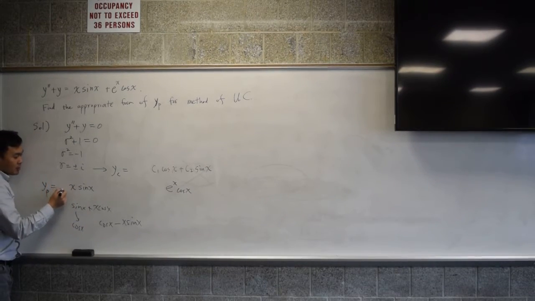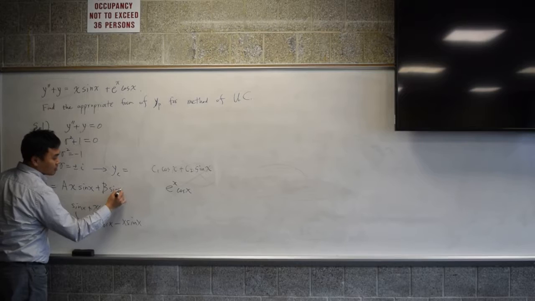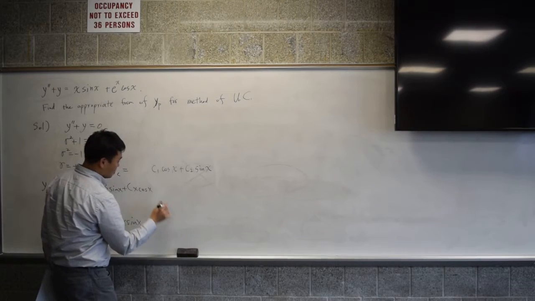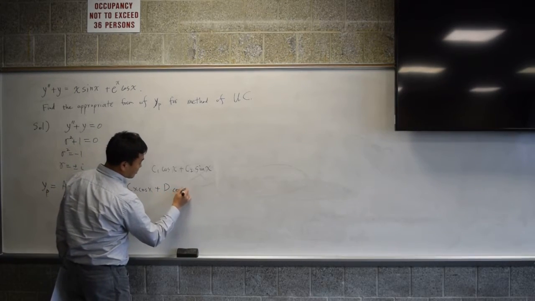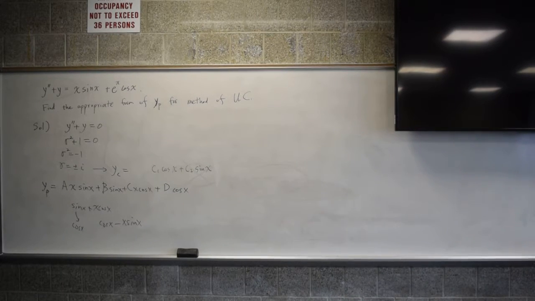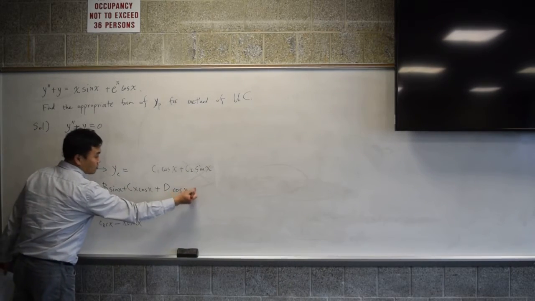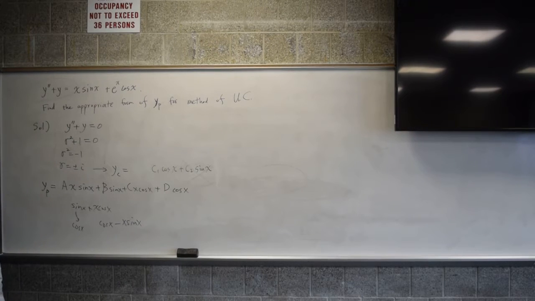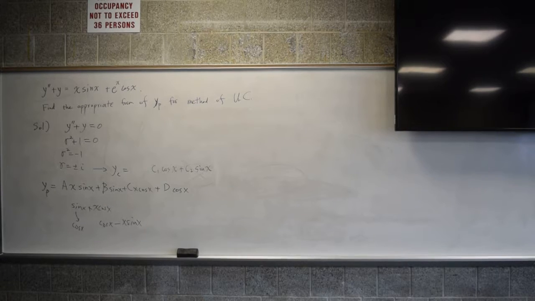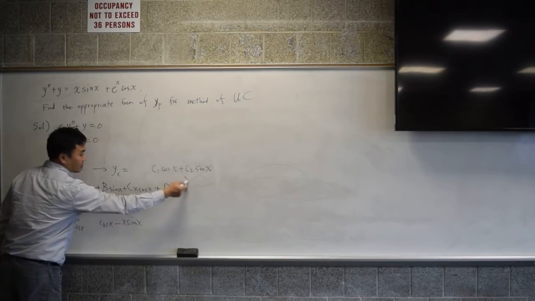So I put a x sine x, plus b sine x, plus c x cosine x, and d cosine x. And one thing that you should also take notice of is that they should be forming a single group. This should be thought of as a single group. This entire thing is a single group.